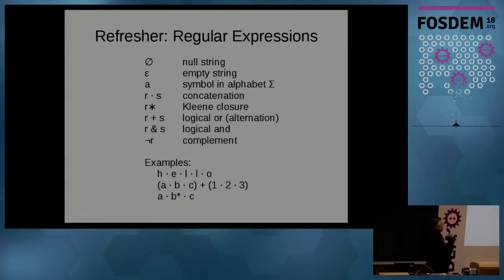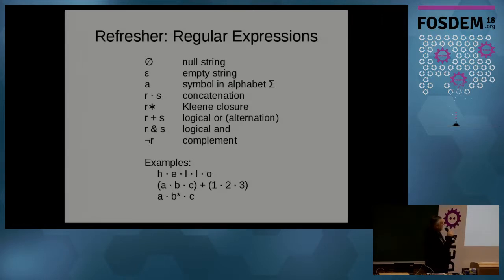So a quick refresher: regular expressions are really, really simple as it turns out. You've all used them in real life probably, but when you start looking at them theoretically, there's a very small set of things they boil down to. There's a null string, there's an empty string, there's a symbol, A, B, C, D or whatever, in an alphabet, which we normally represent with the big sigma sign.